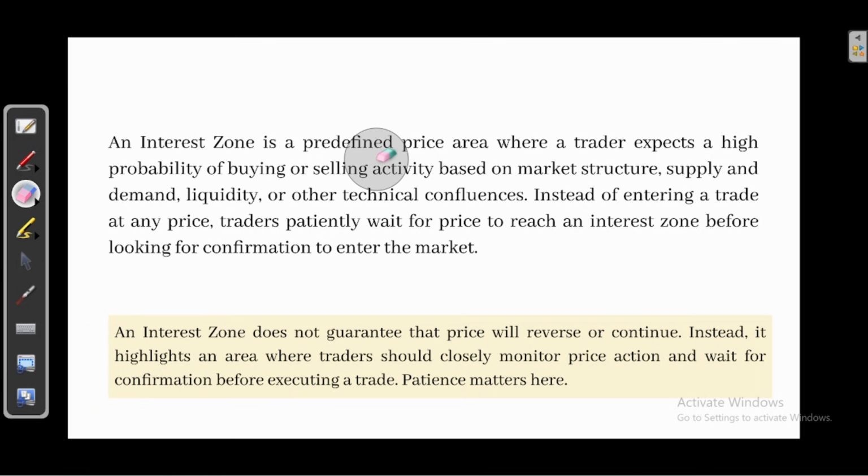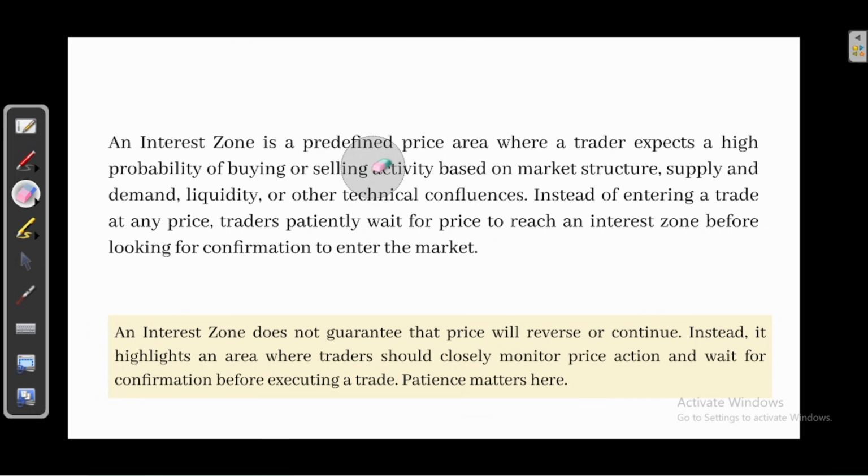That is just the bitter truth. If you are buying at supply, you are doing yourself more harm. If you are selling at demand, you are doing yourself more harm. So just wait for the price to get to your interest zone before you look for opportunity to trade.